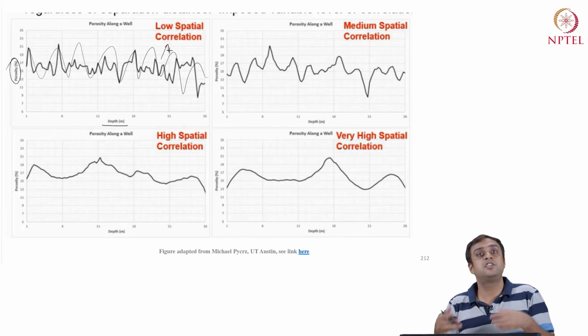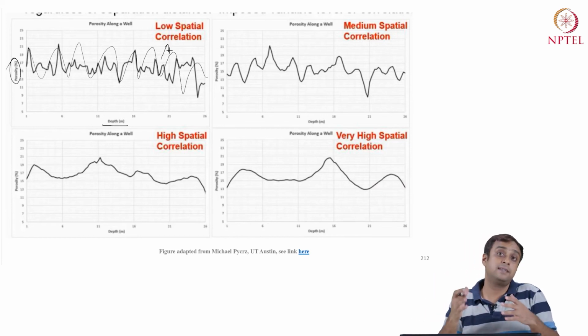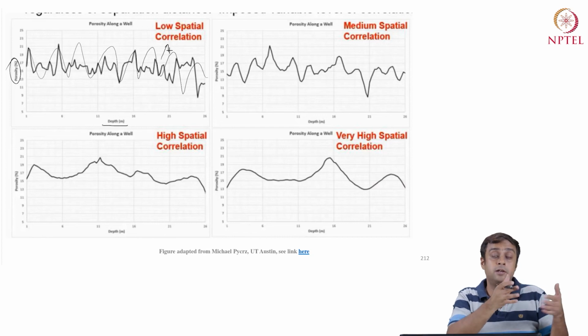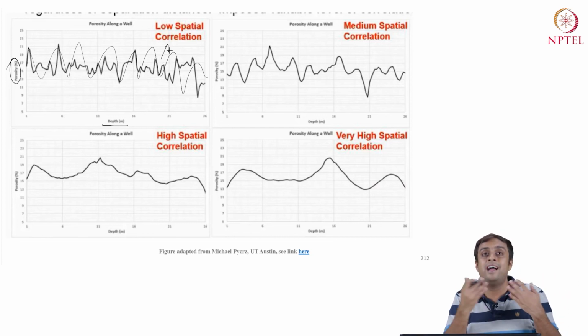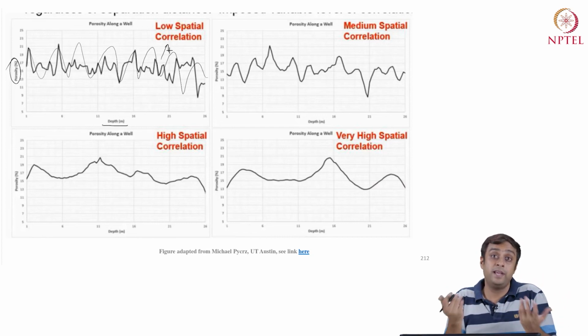Low spatial correlation means less spatial contiguity. That's more like the left panels, the two figures that we have seen, and that means less information for prediction.